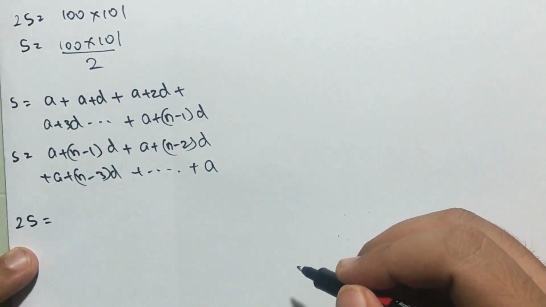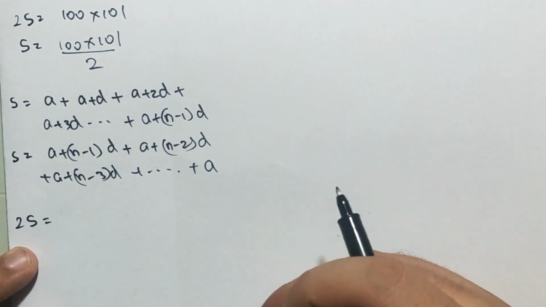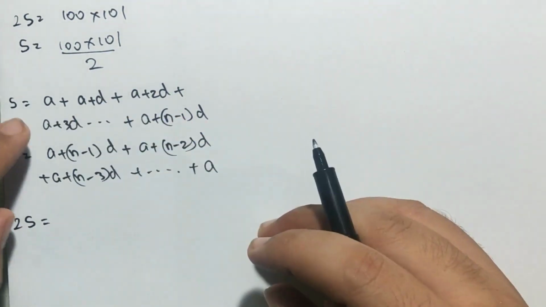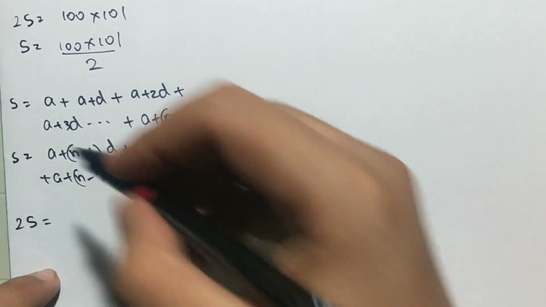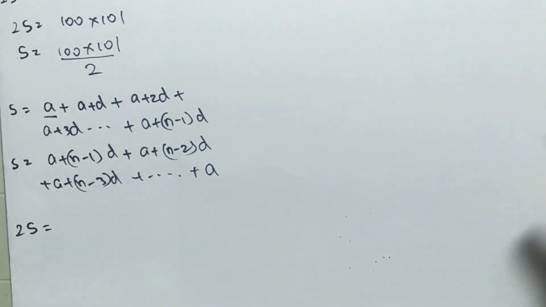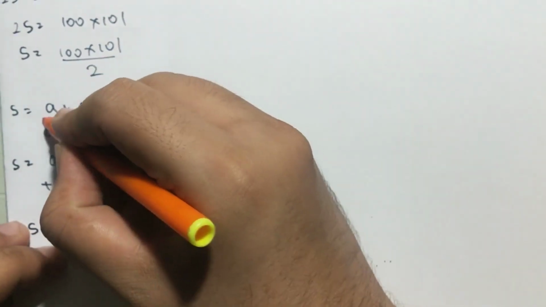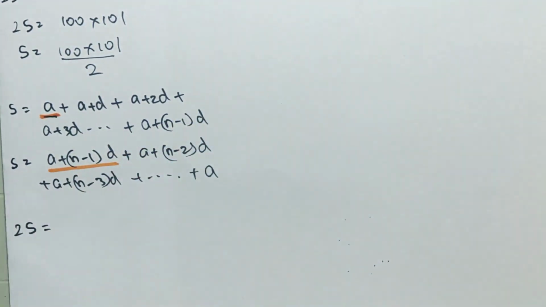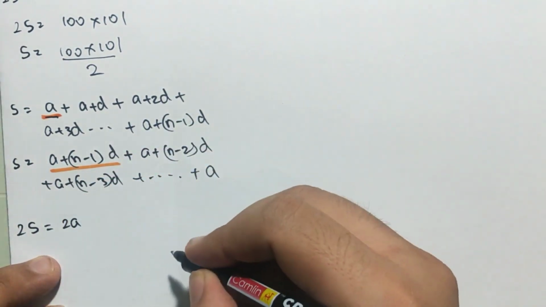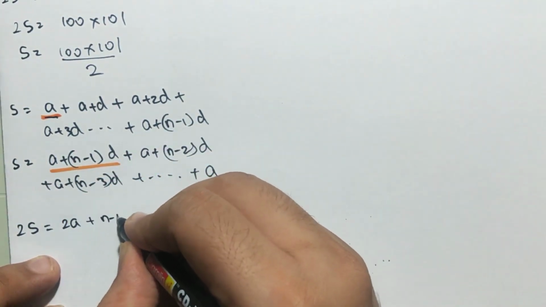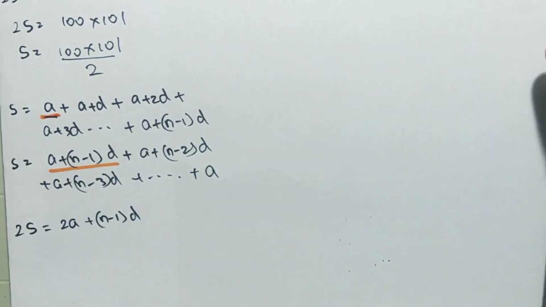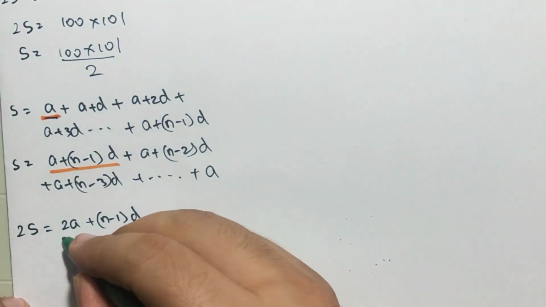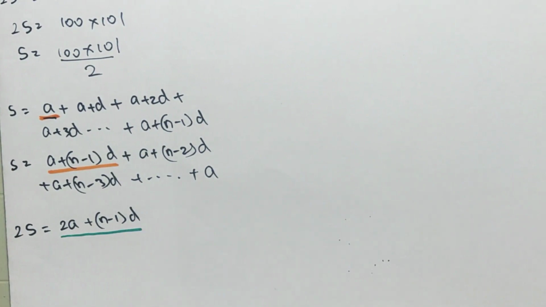And adding the first term of this AP, that is a, I'm taking another colored pen so you may understand. Adding this a to this a plus n minus 1d, it will become 2a plus n minus 1d.